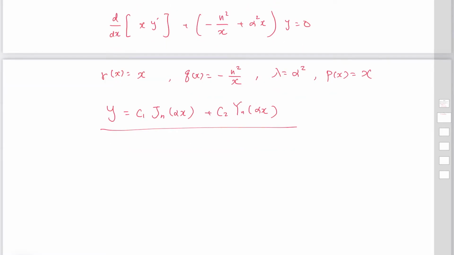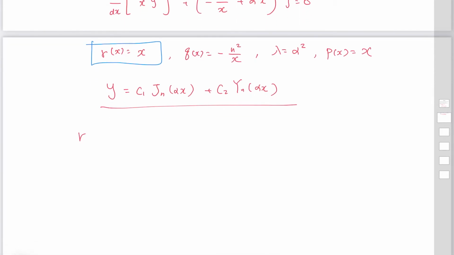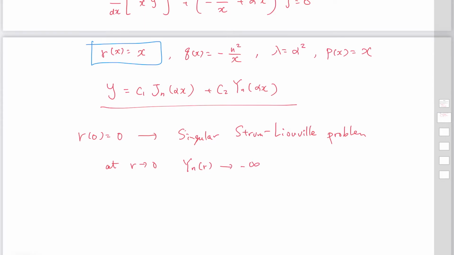If you look at the form of r, if the boundary condition is given at x equals 0, then r(0) equals 0. So this case is actually a singular Sturm-Liouville problem. As x approaches 0, Y sub n approaches negative infinity, so it cannot satisfy the boundary conditions.